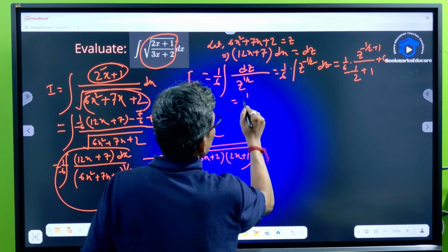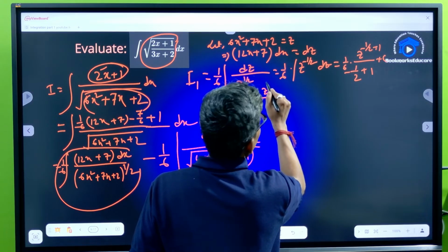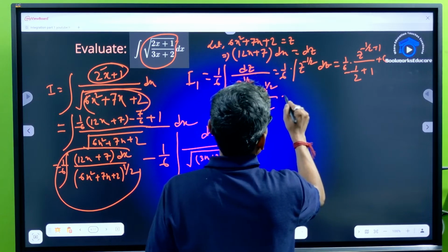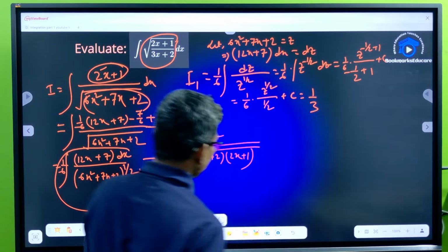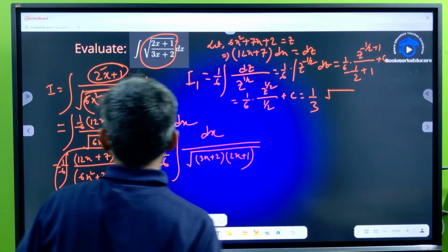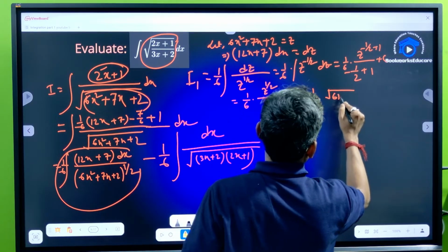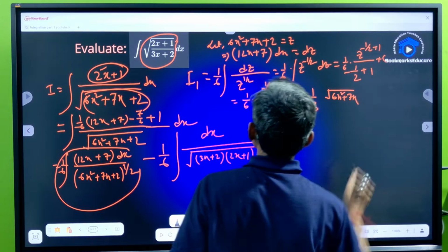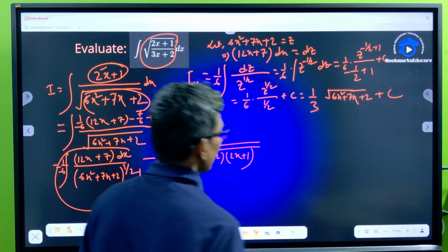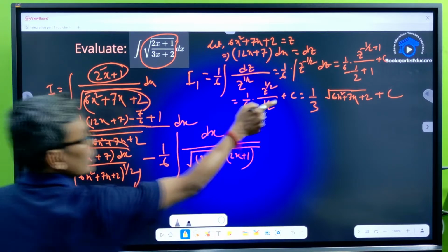So 1 by 6 into z to the power half by half plus c is equal to 1/3 the power of z. Instead of z we can put 6x square plus 7x plus 2, plus c. Okay, so result of this part is this.